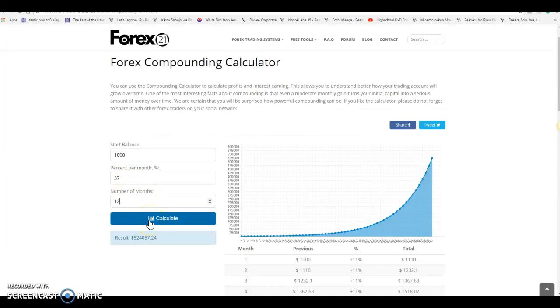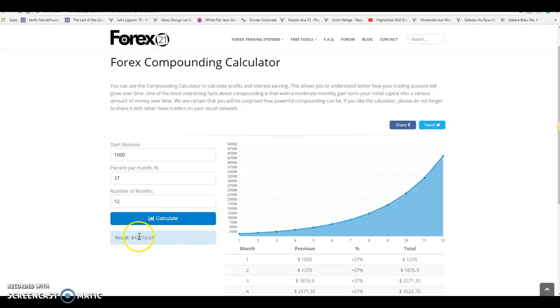This calculates 30% of the trading balance each month, so each month it compounds to get bigger and bigger. At 37%, you can turn $1,000 into $43,000 in 12 months. In 1 year, that's what you end up making.